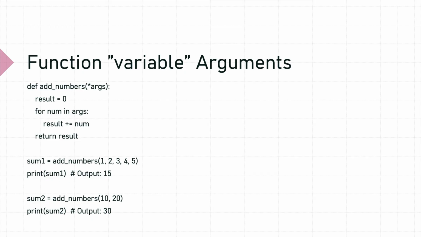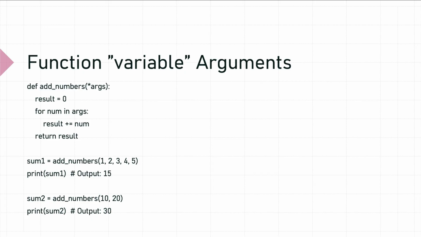Here's a simple code example. So in this example, the add_numbers function can take any number of arguments, and it adds them together using a loop. So I create a function called add_numbers, and in the parameter area, I type *args. Now this indicates that I can accept a varying number of arguments. Then I have indented code in the body of the function, which runs a few statements to loop through the arguments and adds them to each other.